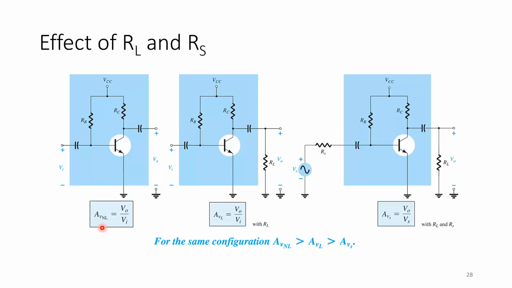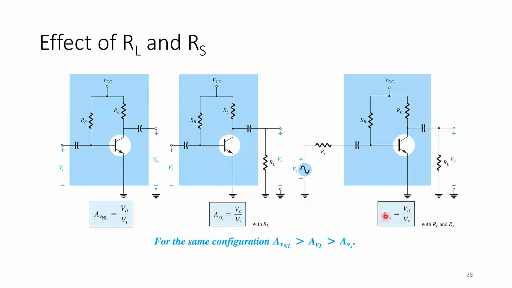So our voltage gain at no load, AV NL, is V out over V in. Now if there is a load resistance, it's still V out over V in, but V out is taken across RL.